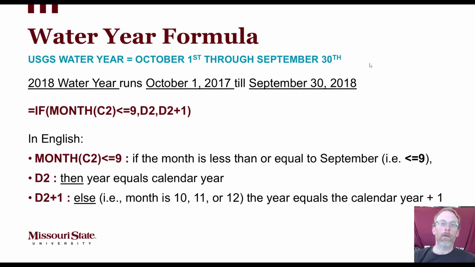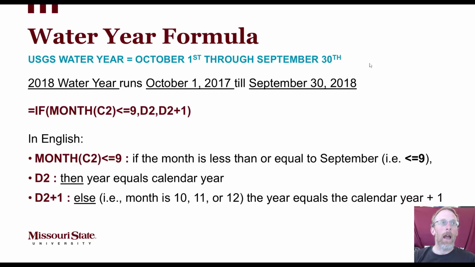So hypothetically, we could have a peak discharge, say, in April of 2017 and another one in October of 2017, and both of those 2017 discharges, one in April, one in October, could be the peak value for their water years.